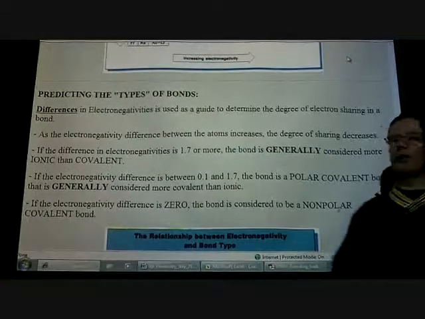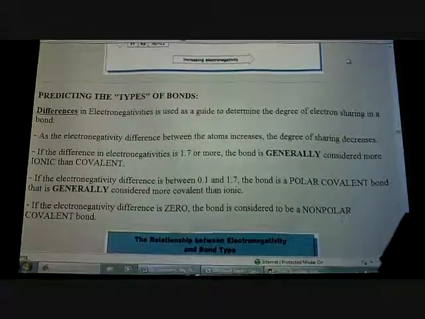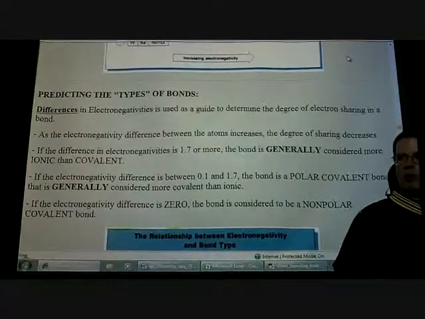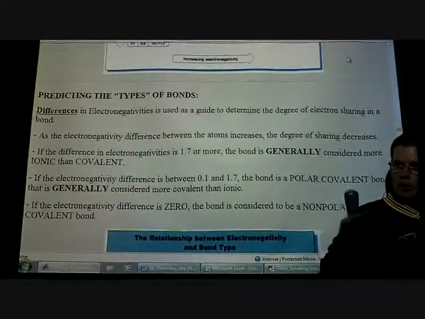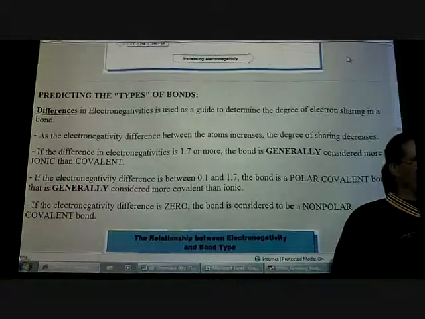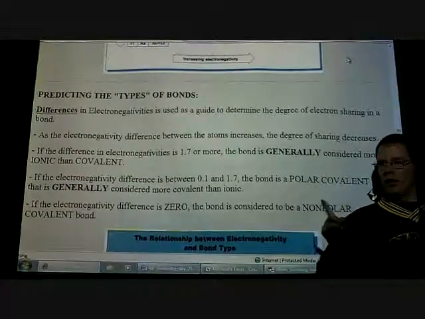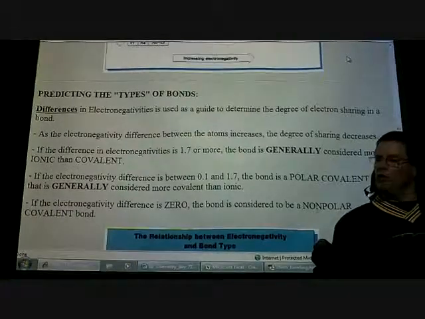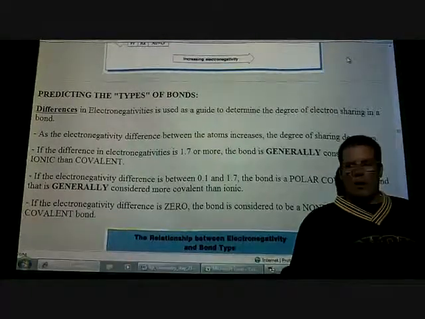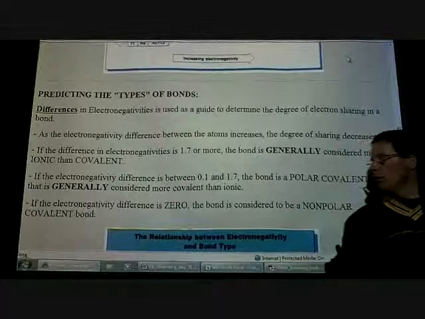Generally speaking, if the value is 1.7 or greater, we say that it's an ionic bond between the two atoms. If the difference in electronegativities is between 0.1 and 1.7, we generally say that's polar covalent. Now, there are some exceptions, and we'll talk about that in a second.